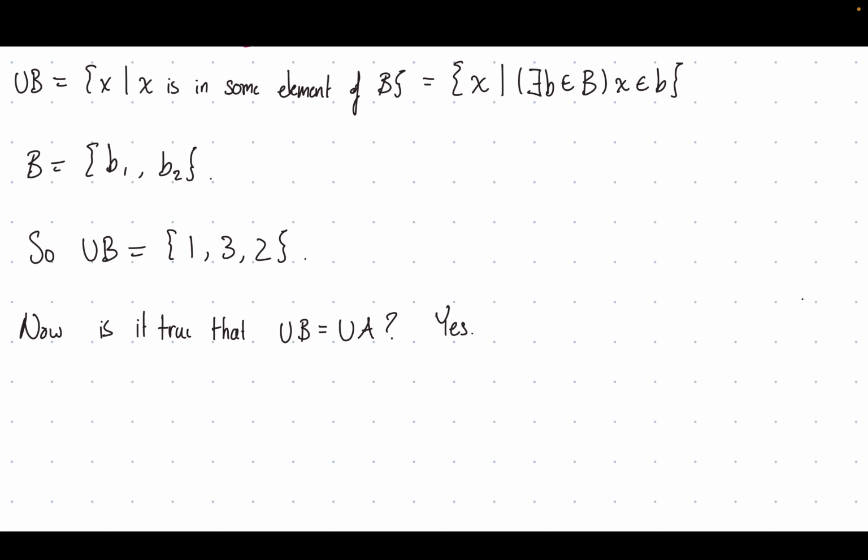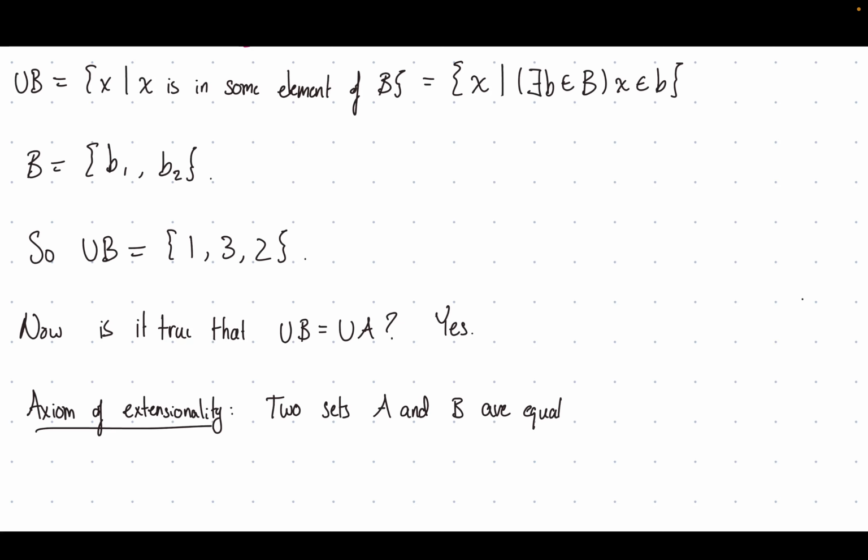Because by the very first axiom, the axiom of extensionality, I'm not going to write the whole full definition, but two sets A and B are equal if they contain the same elements.